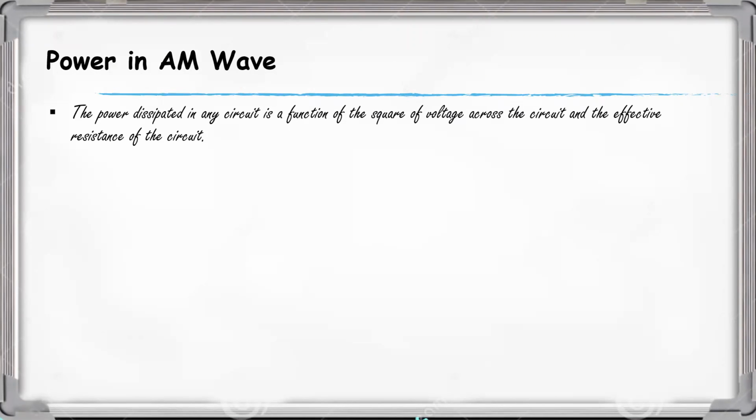We know that the power dissipated in a circuit is a function of the square of the voltage across the circuit and the effective resistance of the circuit.